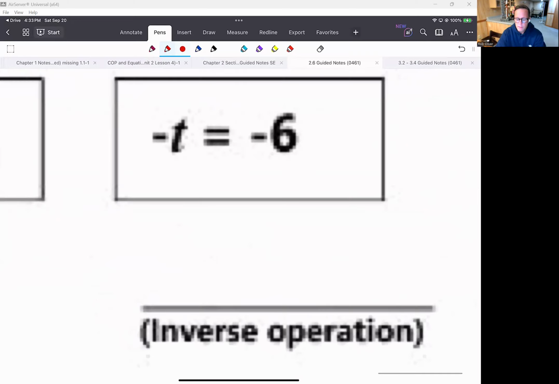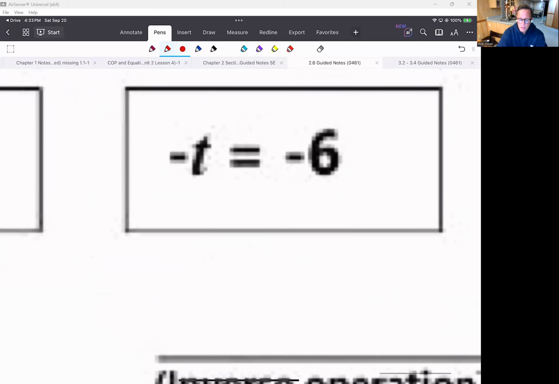All right, and this one is tricky. But what helps, I think, is to understand, and I've talked about it in one of the videos, that when there's just a variable, the default number in front of it is a 1. Now, this is negative t, so you can think of it as -1.